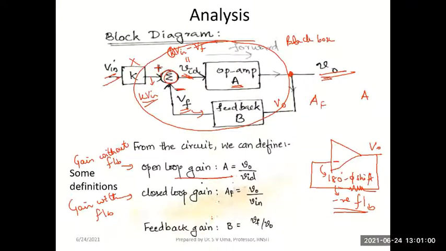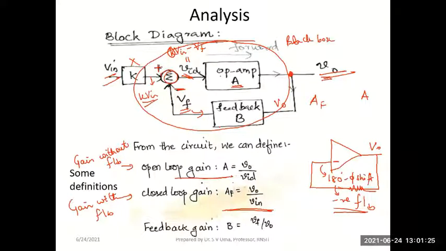Therefore, the gain with feedback is whatever output voltage you're getting divided by whatever input voltage you have applied. AF is V0 by V in, whereas open loop gain A was just V0 by VID.